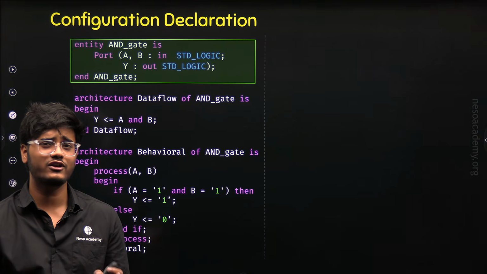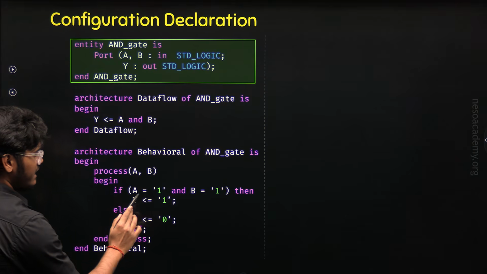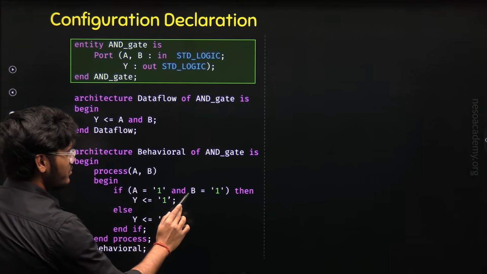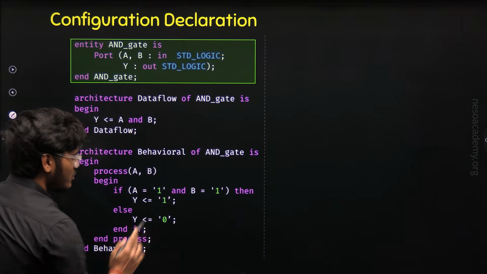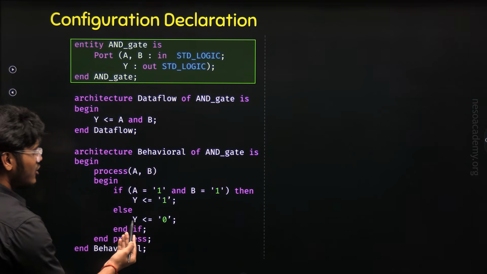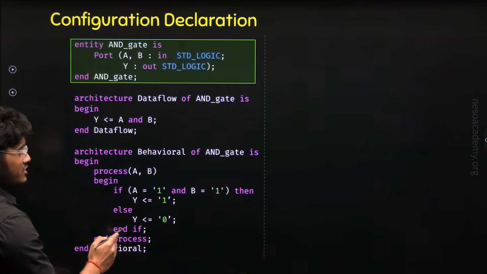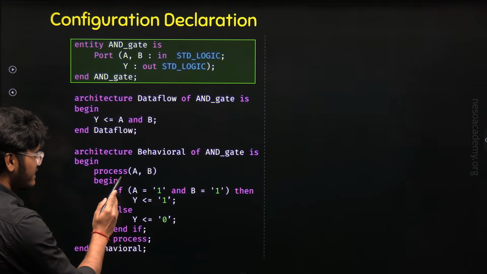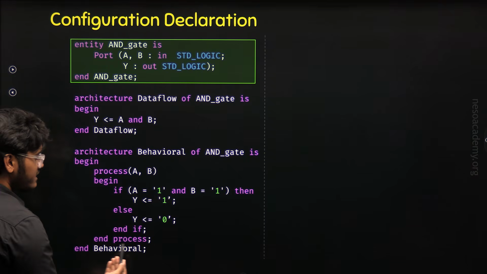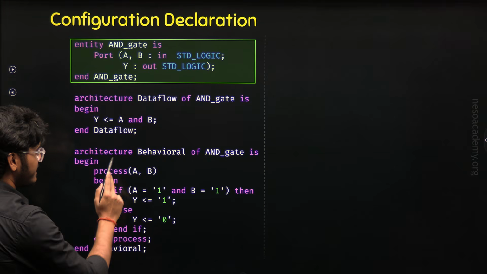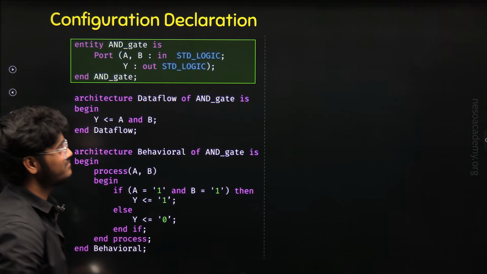Now, what is the behavior of two input AND gate? If inputs A equals to 1 and B equals to 1, then output Y will be 1, else output Y will be 0. After logic declaration, we will end this process using keyword end, and after ending the process, we will end this architecture and behavioral with name of the architecture.